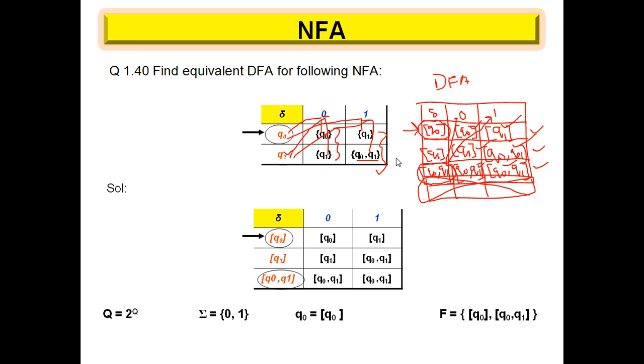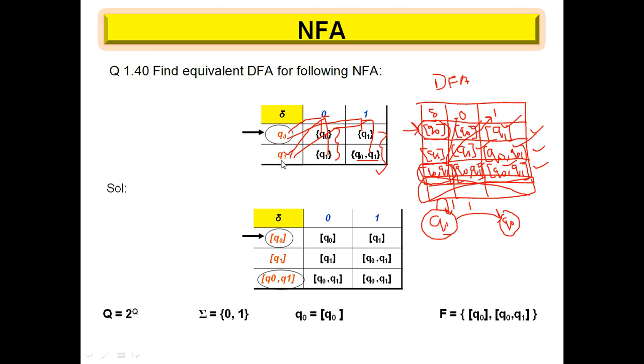Now see how this NFA differs from this DFA. There is also Q0 Q1 and there is also Q0 Q1. So let's try to understand this one. Q1 after reading 1 goes to Q1 and Q0 itself, and there will be a self loop.